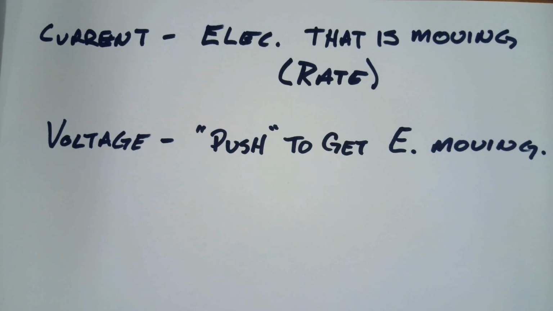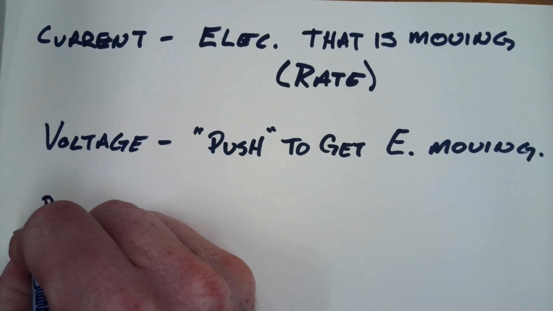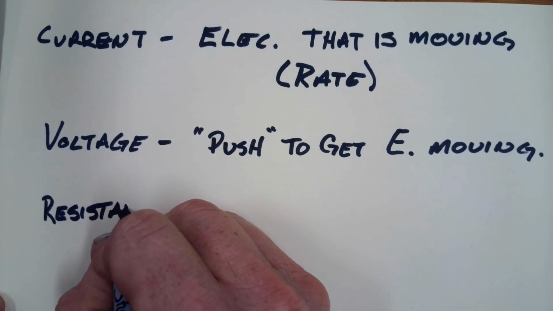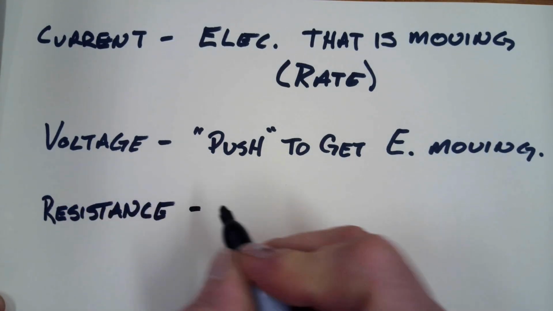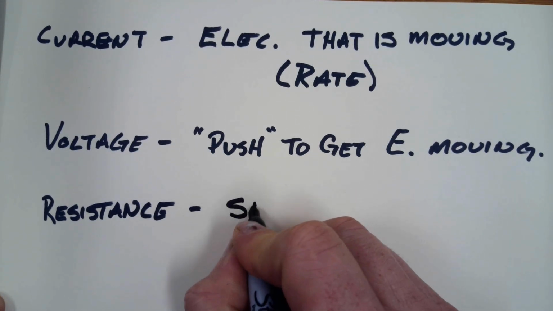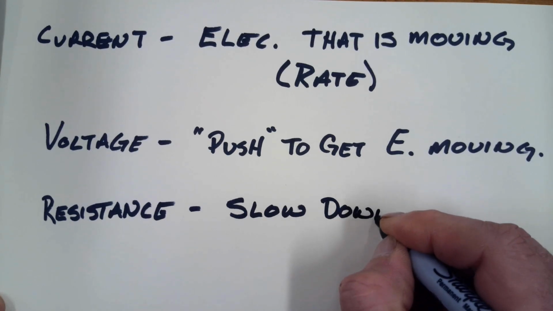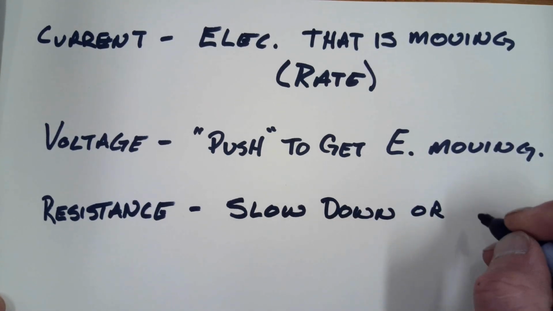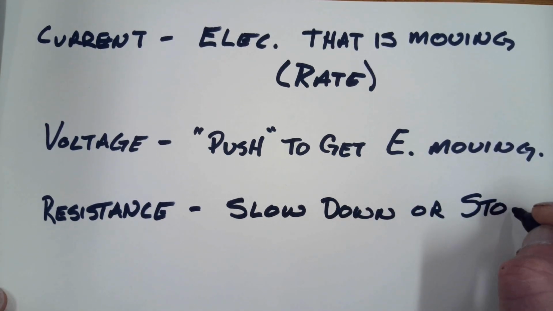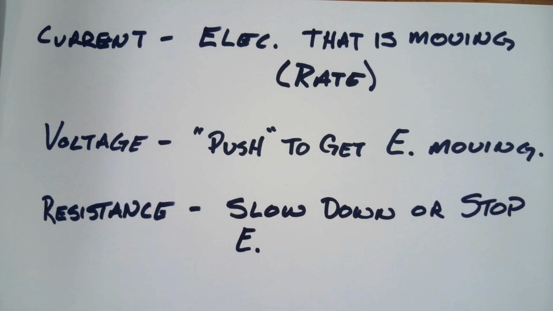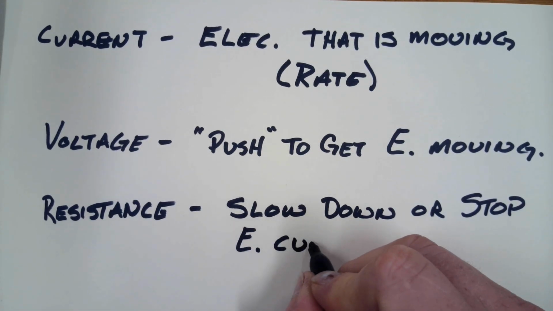There is always going to be something that's going to try to get in the way, and we call that resistance. And this is something to slow down or stop electrical current.